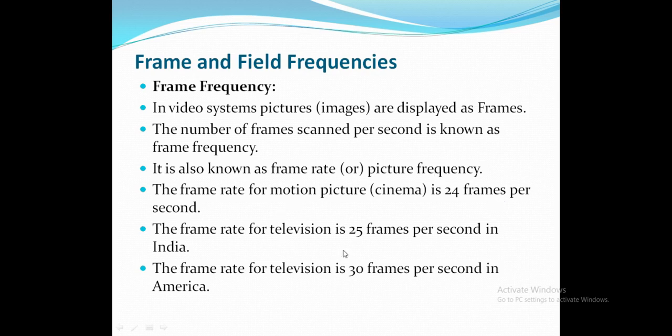Coming to television, the frame frequency or frame rate is 25 frames per second in India. Coming to America, the frame rate for television is 30 frames per second.